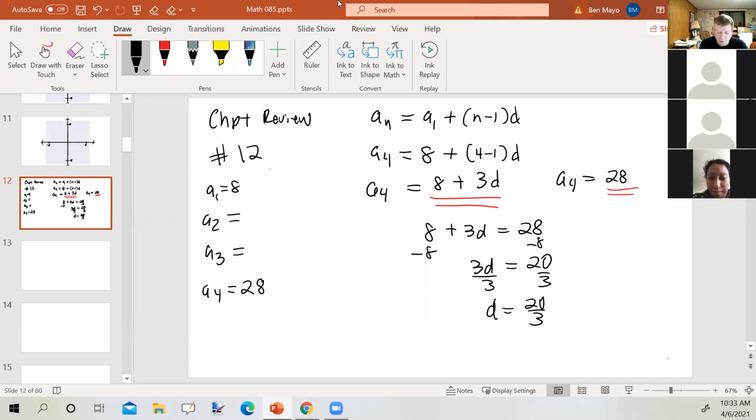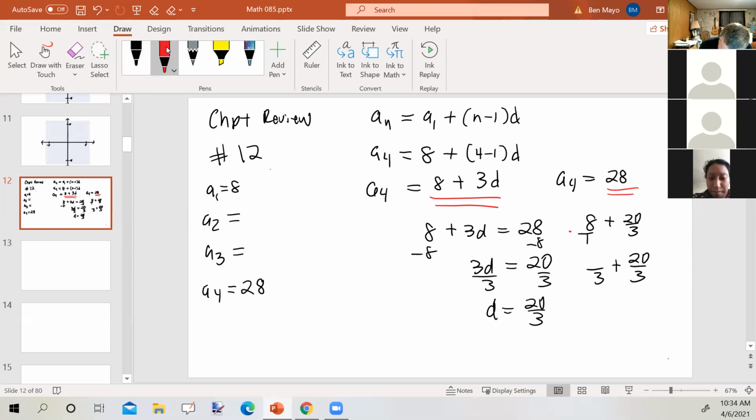So a sub 2 is going to be 8 plus 20/3. To add two numbers where at least one of them is a fraction, we need a common denominator. 8 is the same thing as 8 over 1. The common denominator is 3. So I need something over 3 plus 20 over 3.